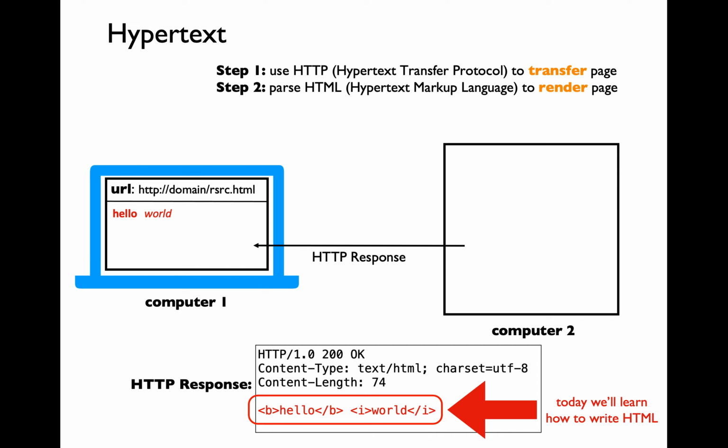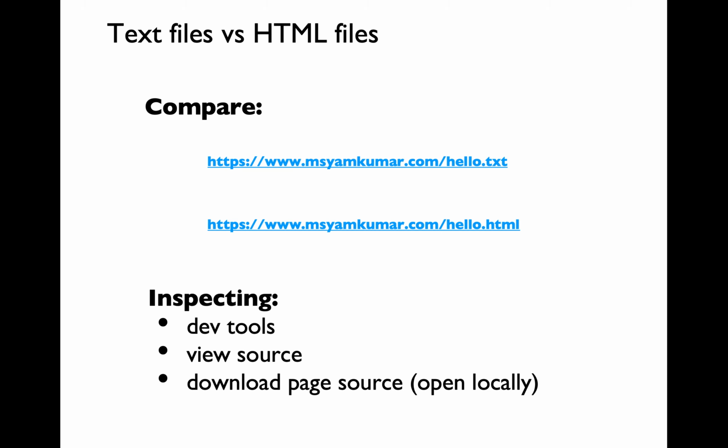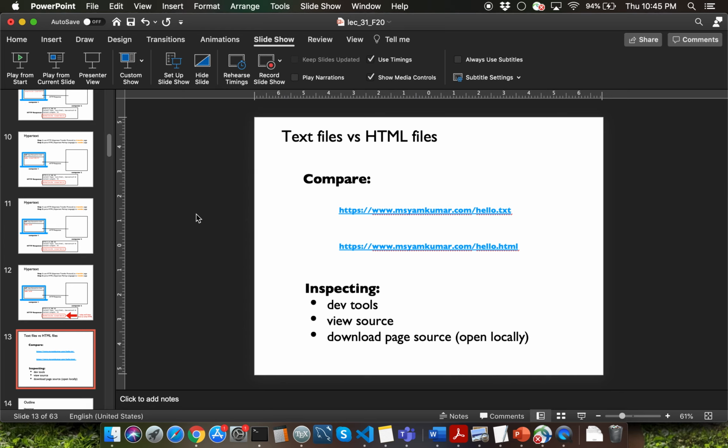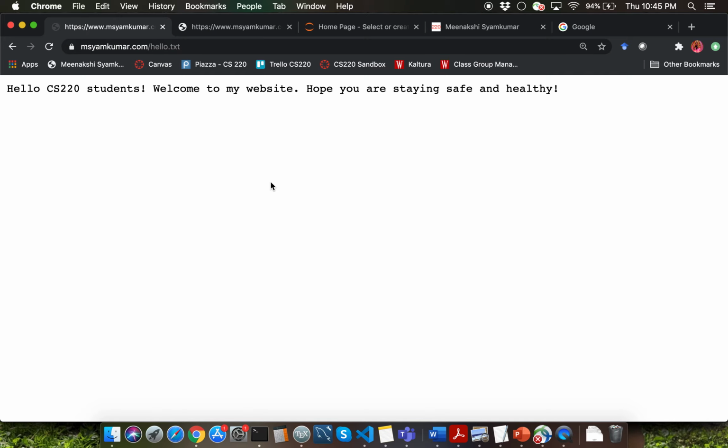In today's lecture, we are going to learn all about the HTML file format tags. Let me first show you a couple of examples over here. I have two URLs. I've opened both of those on my Chrome browser. The first URL contains a text file link, which is hello.txt.